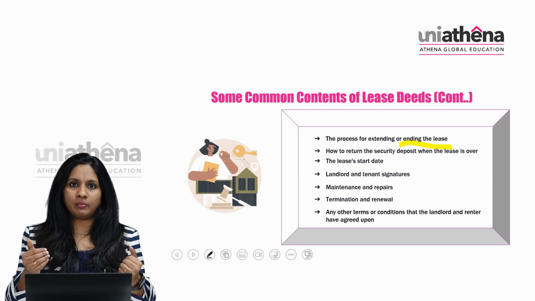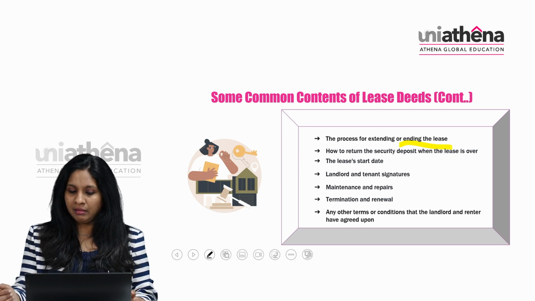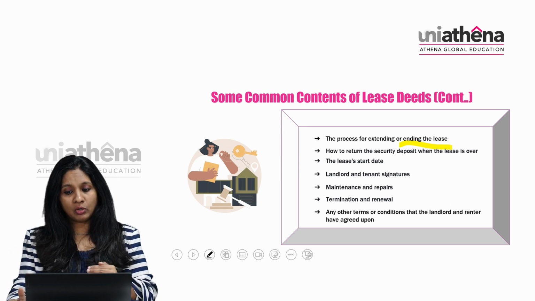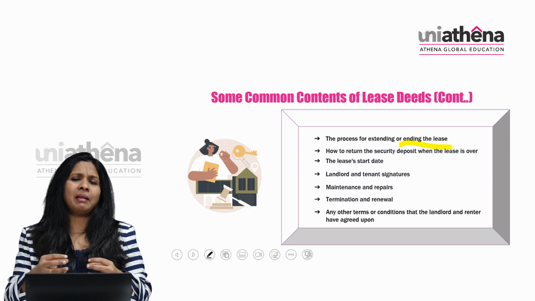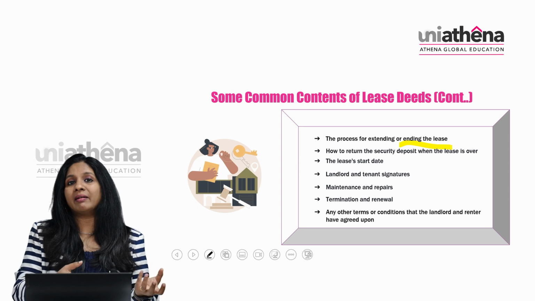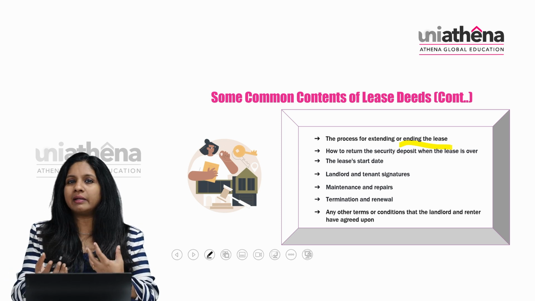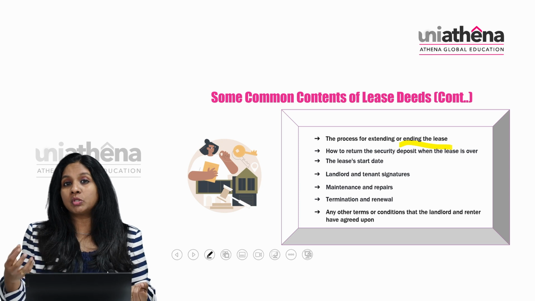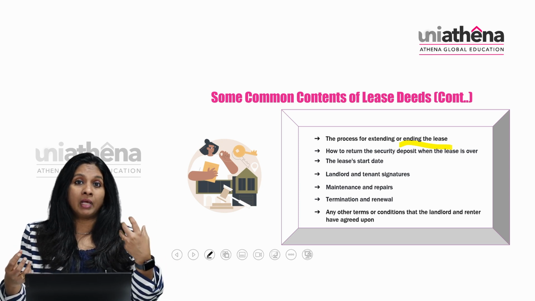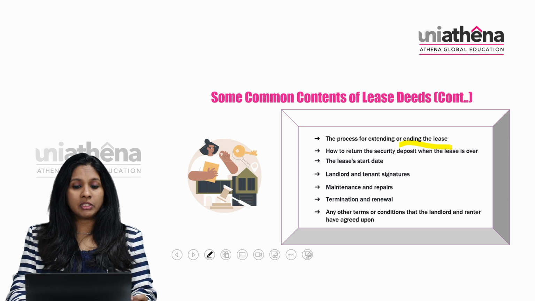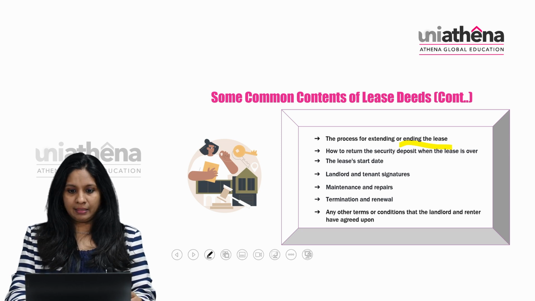That should be included in the termination and renewal as well. Then any other terms or conditions that the landlord and renter have agreed upon. It differs from one landlord to another or one renter to another. They may have certain agreements regarding the use of the property or of certain machines, whatever it is. The terms and conditions should be written in the lease deed.